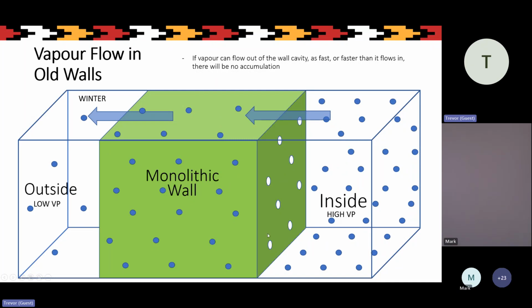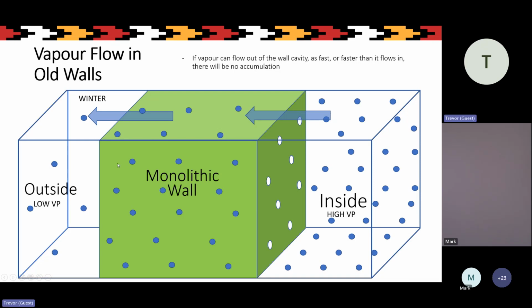The reason is that when we have a monolithic wall with no cavities in it, the material is the same throughout, and whatever rate moisture is able to enter the wall, it is able to leave the wall at the same rate. So there'll be no accumulation of moisture in a wall like this. It never builds up inside due to vapor flow.